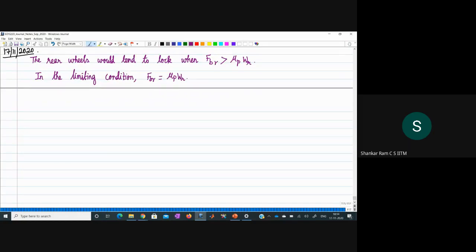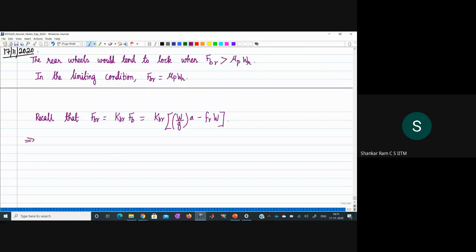Following the same process, recall that FBR will be equal to KBR times FB. And FB, from the governing equation of motion, is W by g times A minus FR. This is something we already know. Then we substitute for WR.